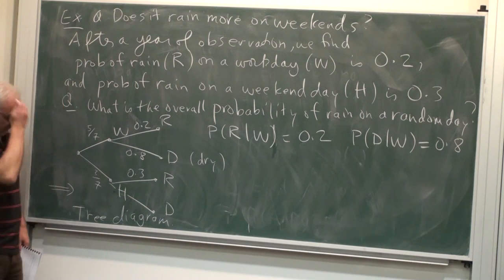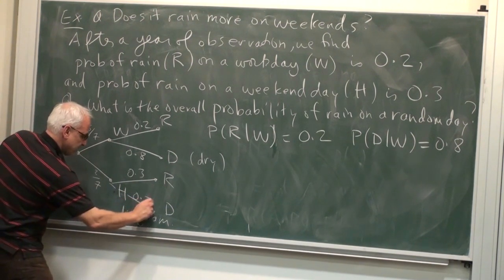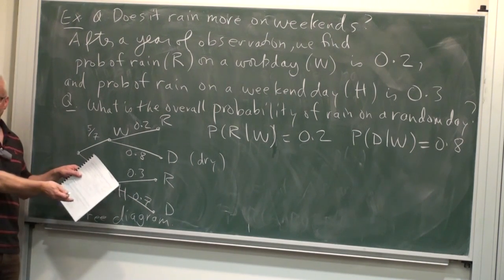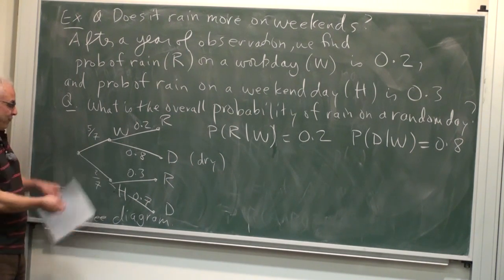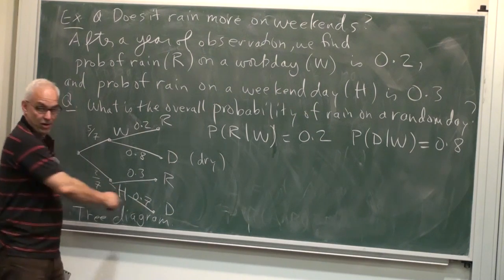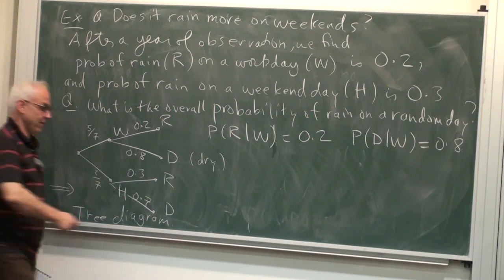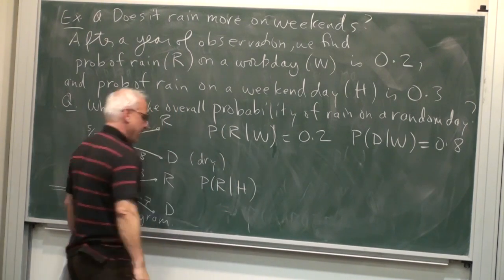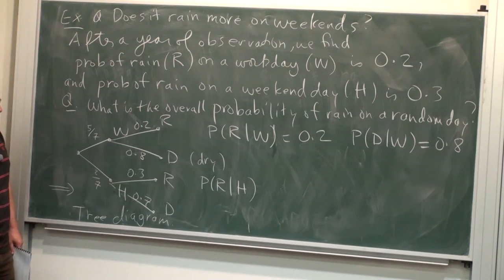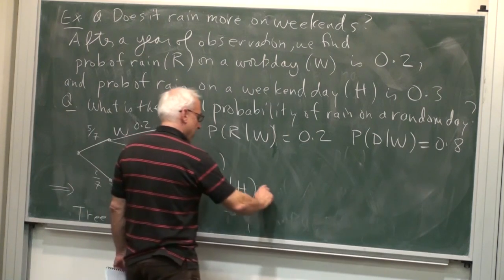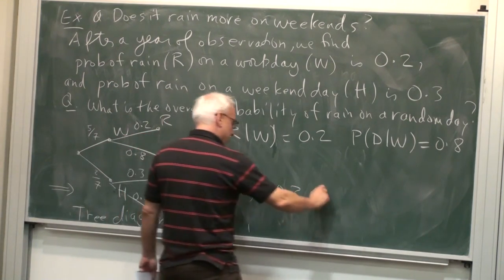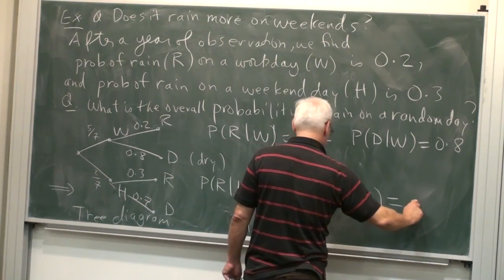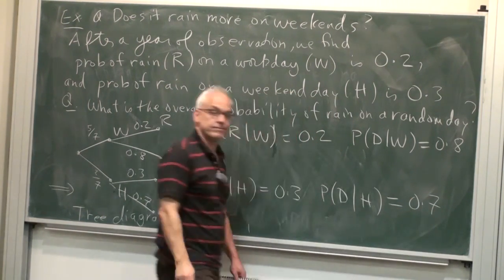And so the probability of it being dry is 0.7. So there are 2 more conditional probabilities appearing here. The probability of rain, given that it's a weekend day or a home day, is 0.3. And the probability of it being dry, given that it's a home day, is 0.7.